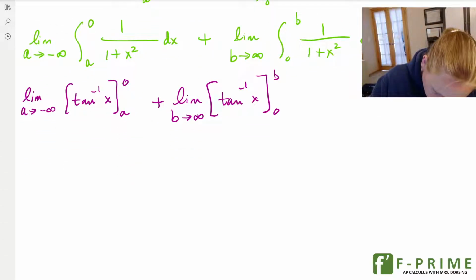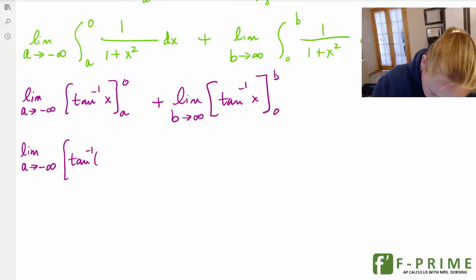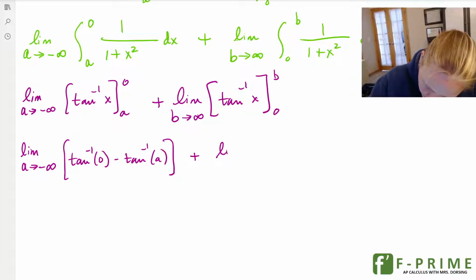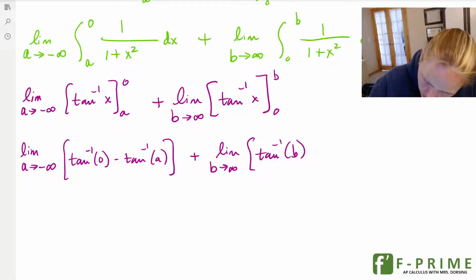So now I'm going to write it out. The limit as a approaches negative infinity, tan inverse of 0 minus tan inverse of a, plus the limit as b approaches infinity, tan inverse b minus tan inverse of 0.